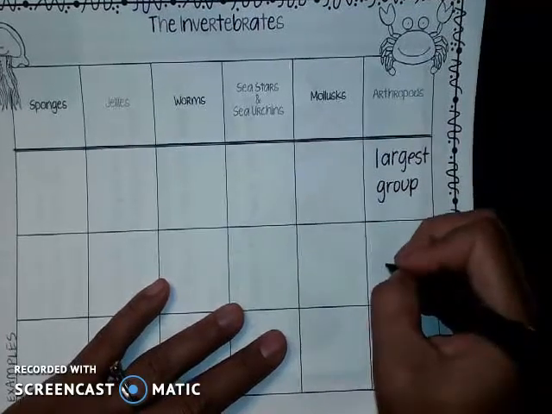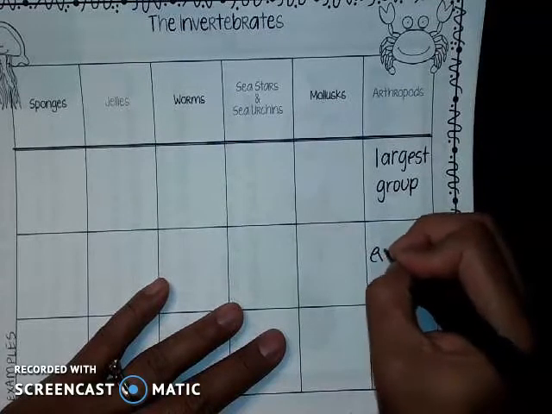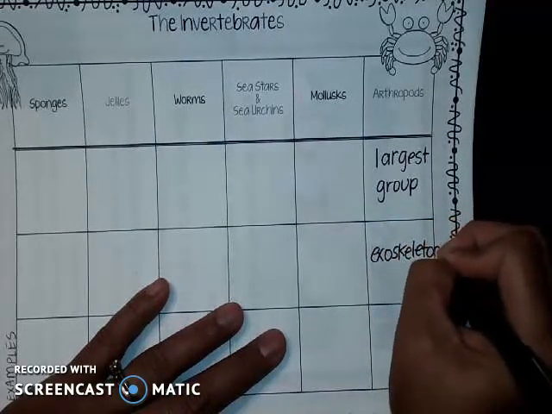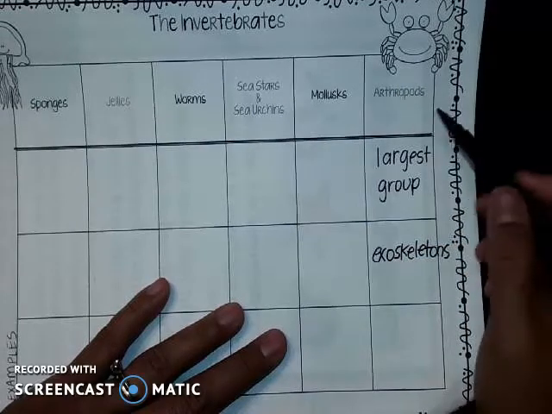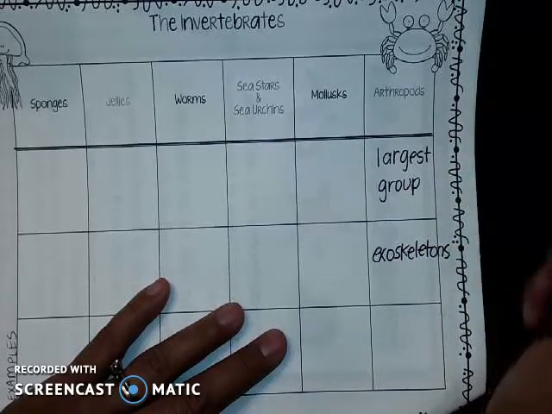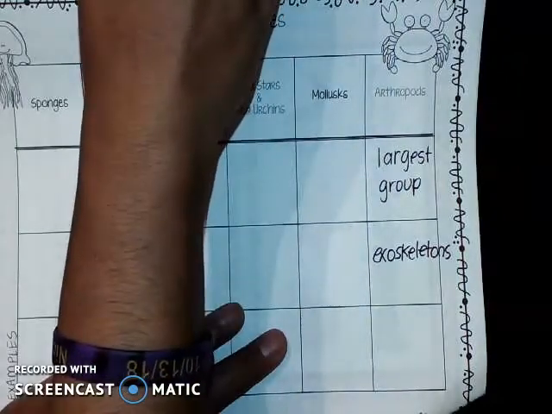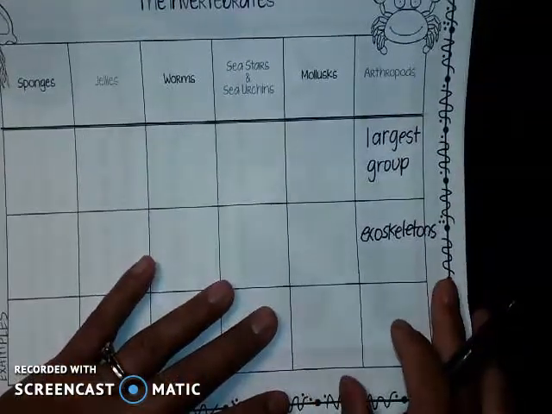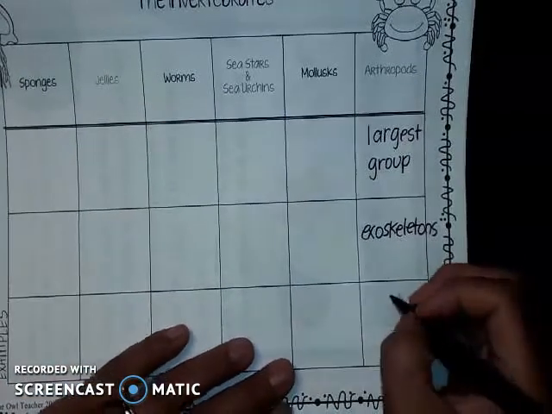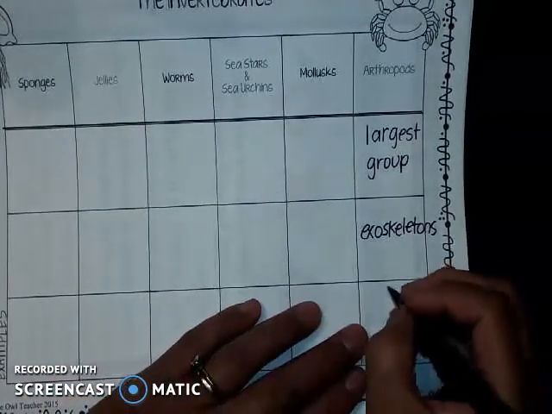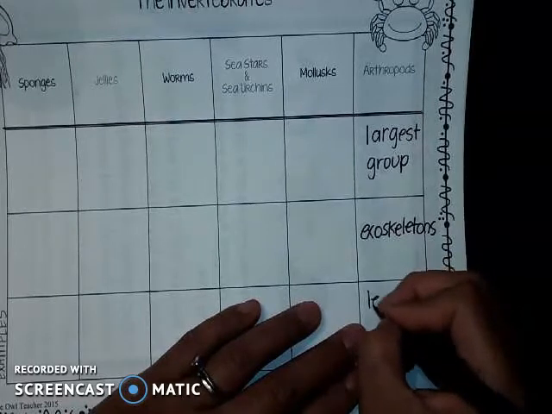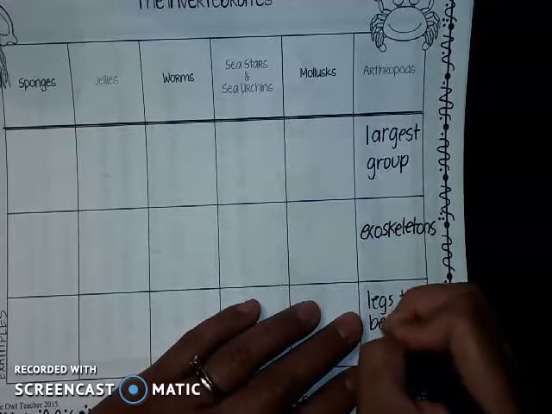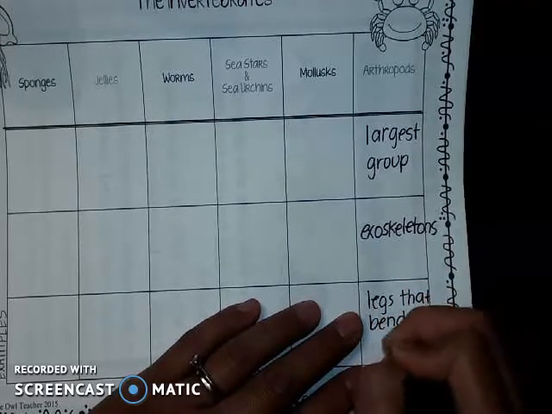They have exoskeletons. Now remember, not every invertebrate has an exoskeleton, but all arthropods do. And finally, they have legs that bend in many places.